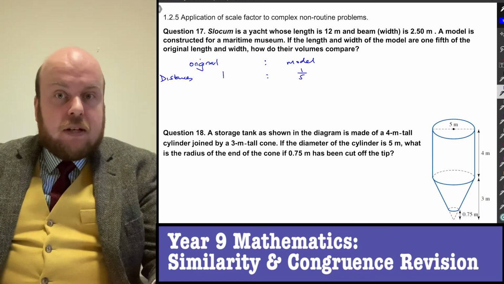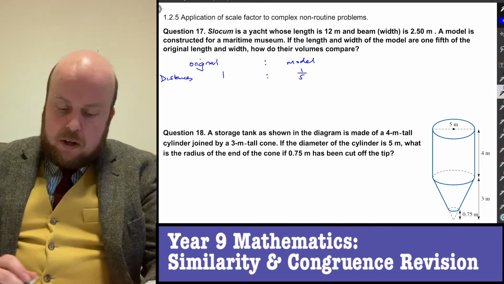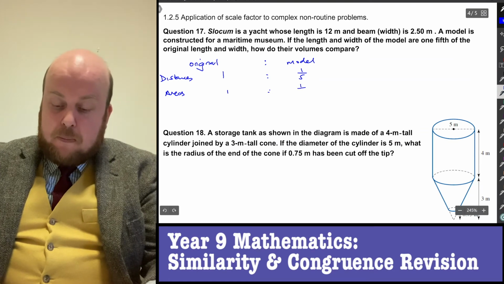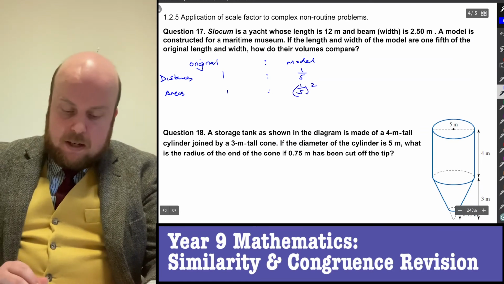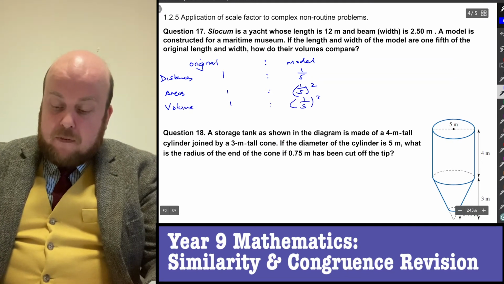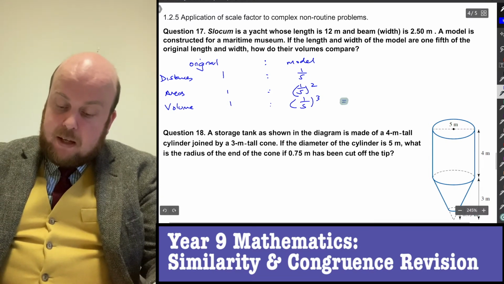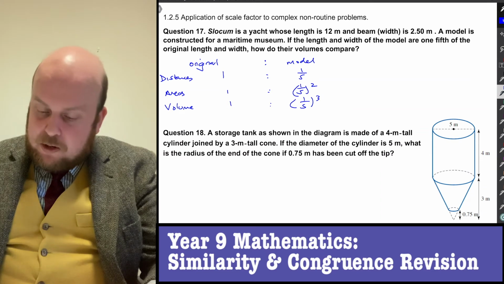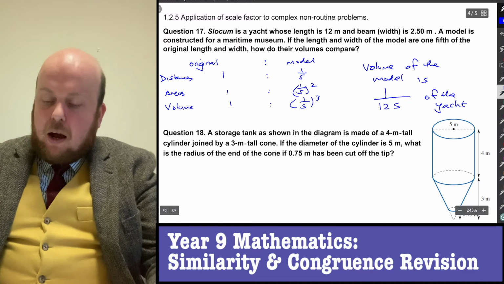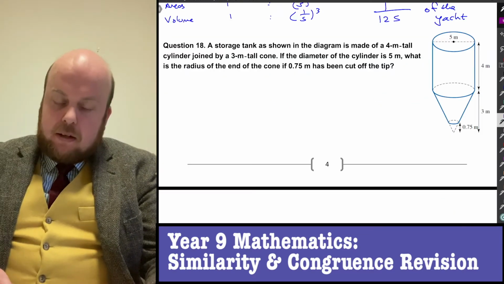Now, using our understanding of adjusting for areas and volumes, areas would be shrunk by 1/5 squared. So therefore, volumes must be shrunk by 1/5 cubed, which means 5 times 5 times 5 would be 125. So the volume of the model is 1/125th of the yacht.